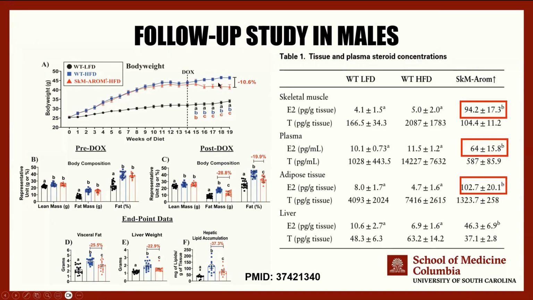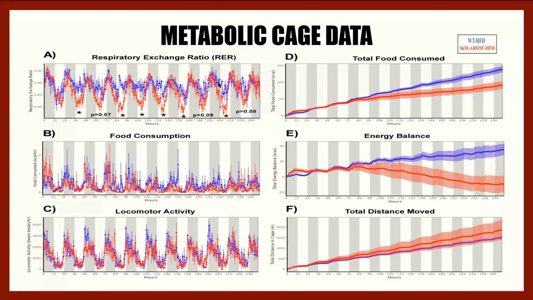To follow up on that point, we put these mice in the metabolic cages. What we found is there was a difference in respiratory exchange ratio and food intake, which led to a decreased energy balance. Of interest was the fact that the RER was lower within about 72 hours.